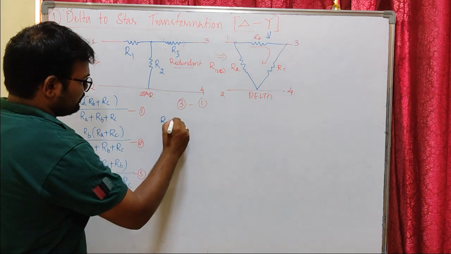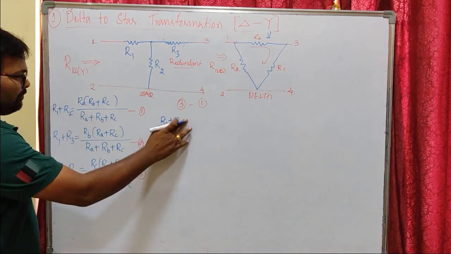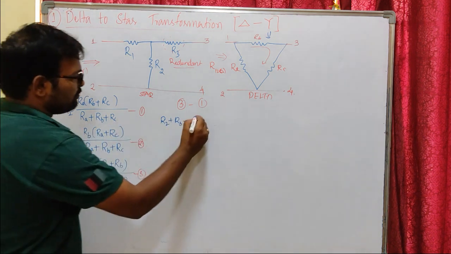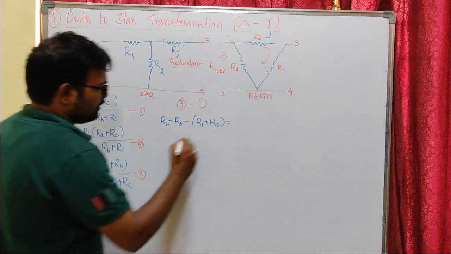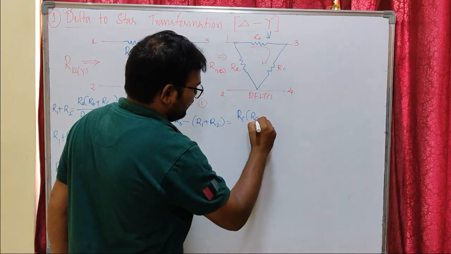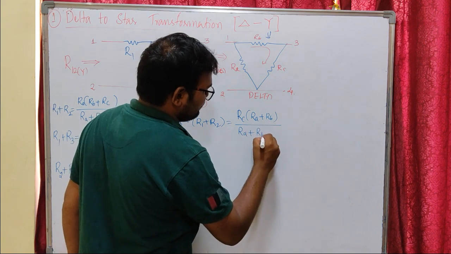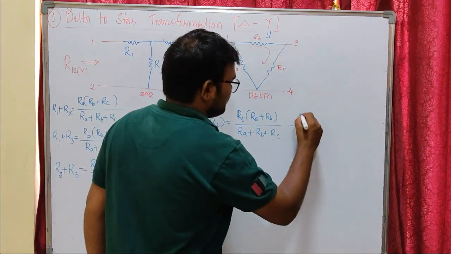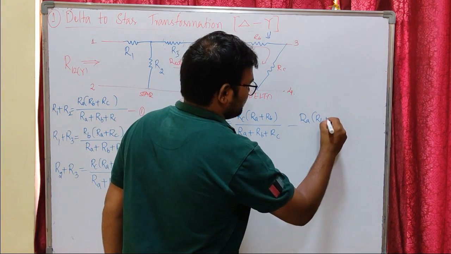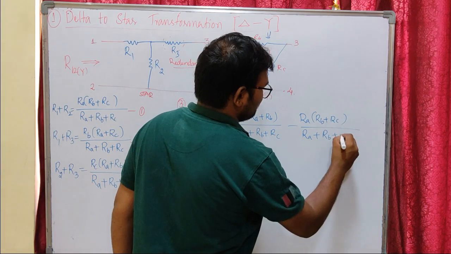R2 plus R3 minus R1 plus R2 equal to RC into RA plus RB by RA plus RB plus RC, minus RA into RB plus RC by the same factor, RA plus RB plus RC.